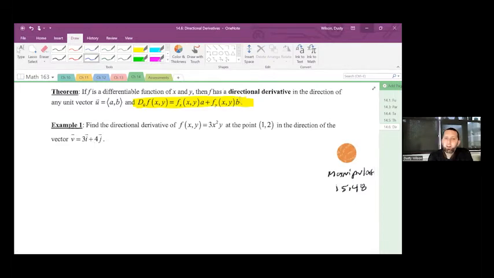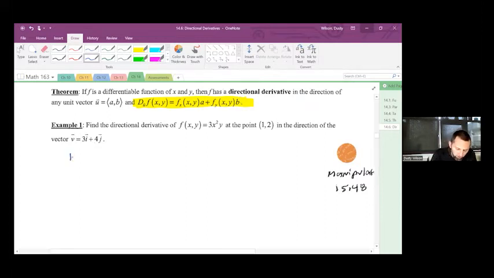Example 1. Find the directional derivative of f of x, y equal to 3x squared y at the point 1, 2 in the direction of the vector v equal to 3i plus 4j. And so we need three things in order to be able to answer this question.